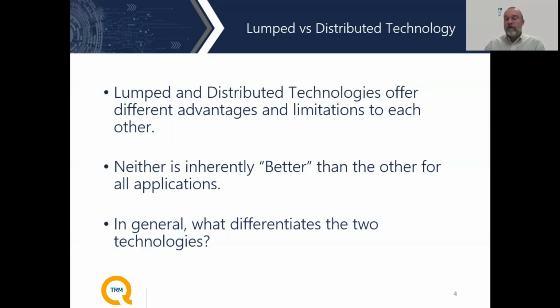I want to say here that neither one is inherently better than the other, although what you will find is that one will generally operate more efficiently at some frequency than another.